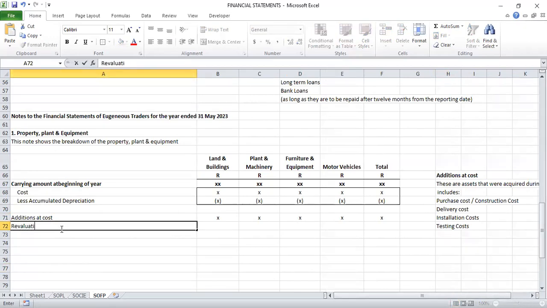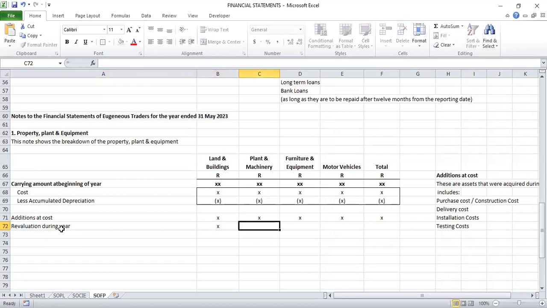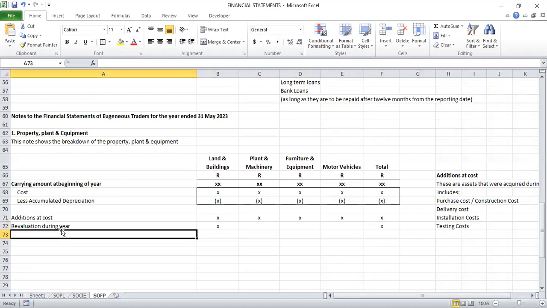Revaluation during year. Normally the asset that is only revalued is land. What happens is at the end of the year, we call a qualified person, whom we call a sworn appraiser. They appraise our building, they value it. Let's say last year it was 800,000, then they come and say it's 850. We increase it by the 50,000. That 50,000 increase is what we call revaluation during year.